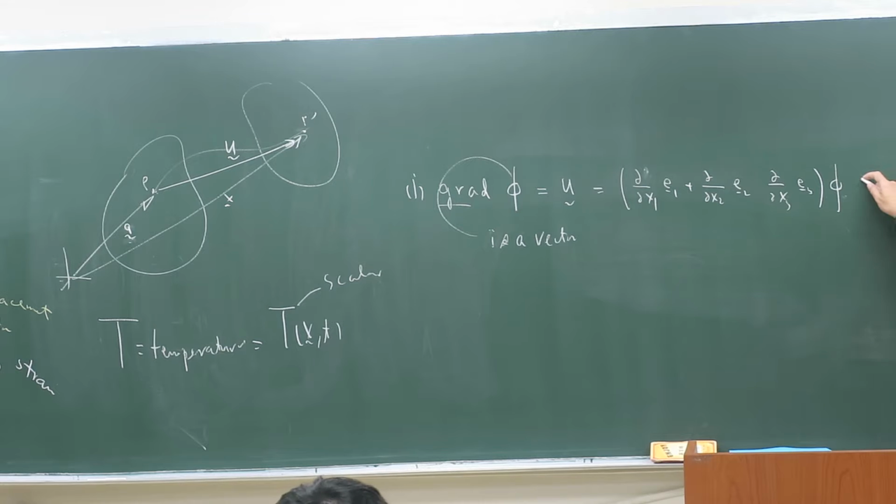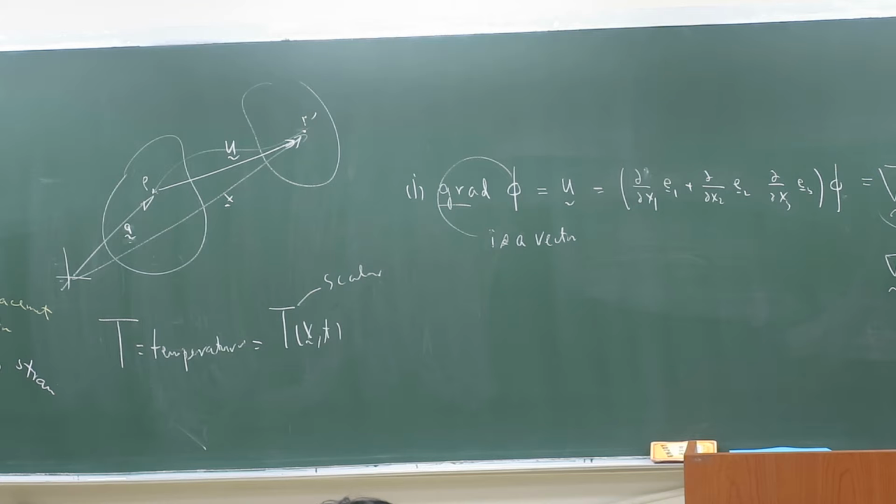Okay, so in notation we use this symbol. We say this is equal to ei partial xi. It's equal to e1 partial x1 plus e2 partial x2 plus e3 partial x3.